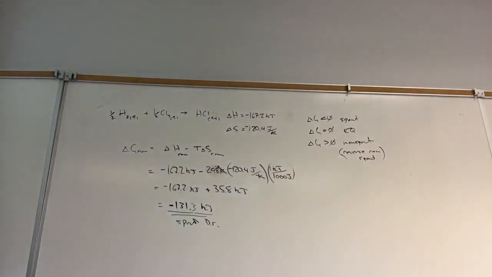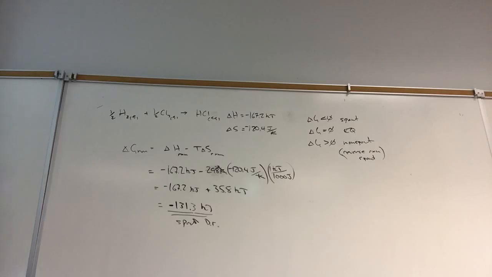And in fact, if I continue to increase the temperature, eventually this term will cancel out this term. When that happens, delta G will be 0, and so it's an equilibrium. But if I keep increasing the temperature, then this term will be greater than this term.